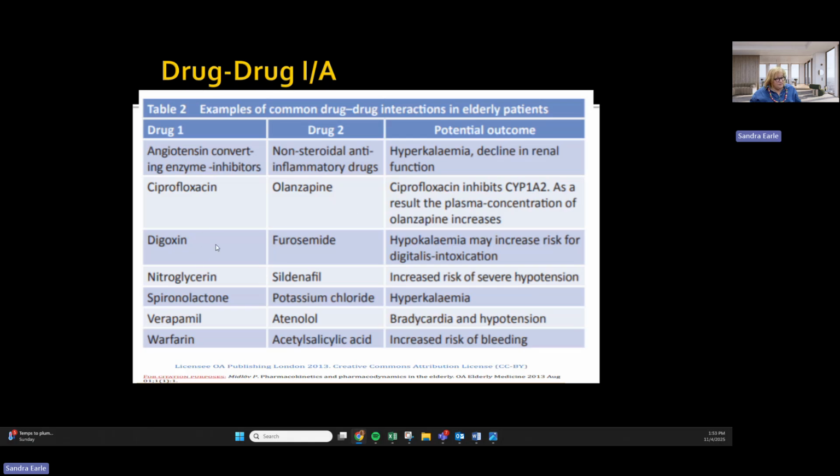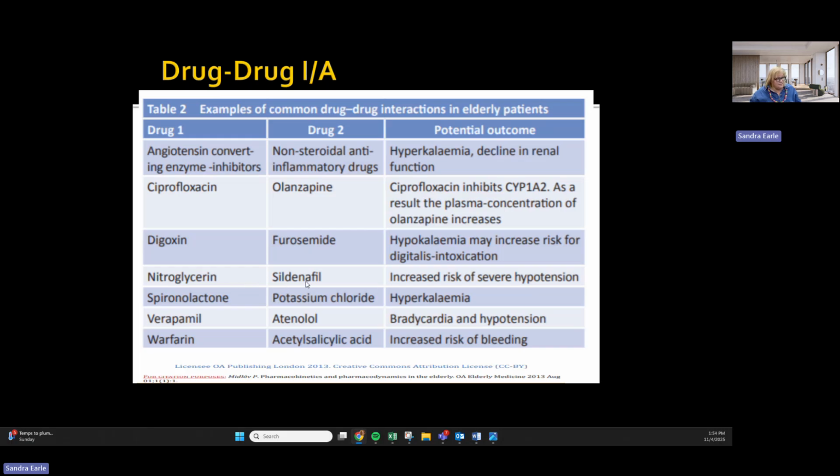Digoxin and furosemide, often given together, can cause hypokalemia, which will increase the risk for dig toxicity. Furosemide will decrease your potassium as a diuretic and therefore put you at higher risk for dig toxicity. It doesn't mean you can't give these together, but you have to be careful and know that there might be an exaggerated response in the elderly, and they can't respond as easily as young patients.